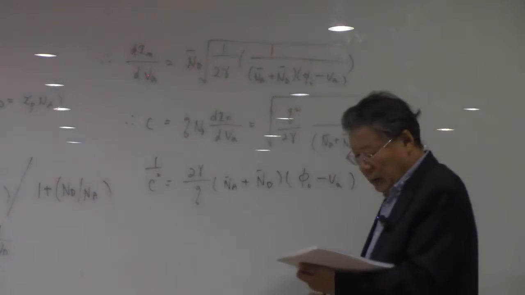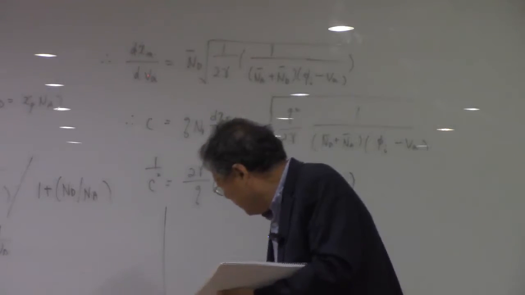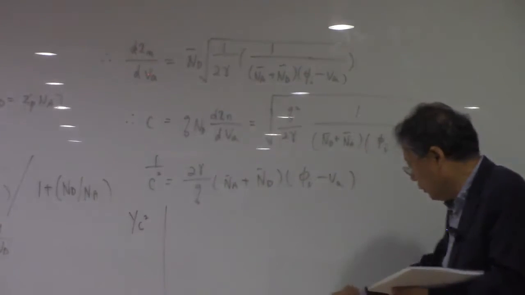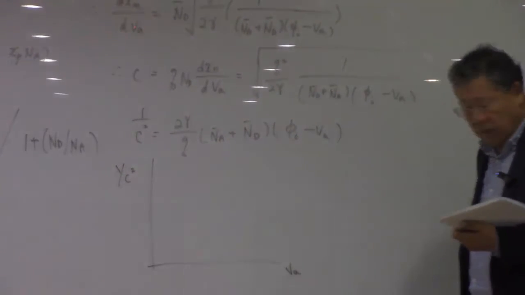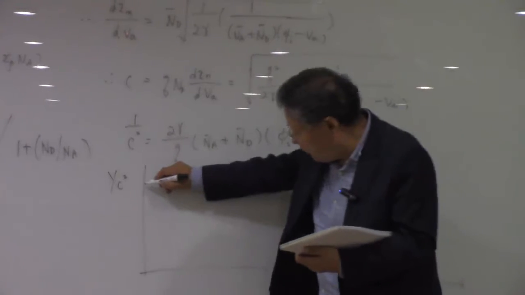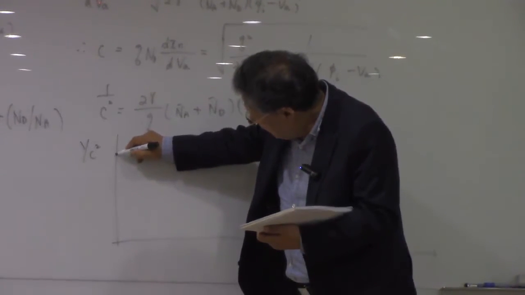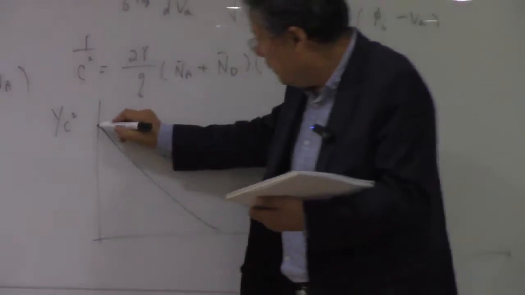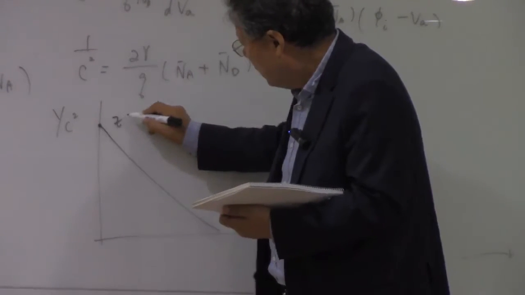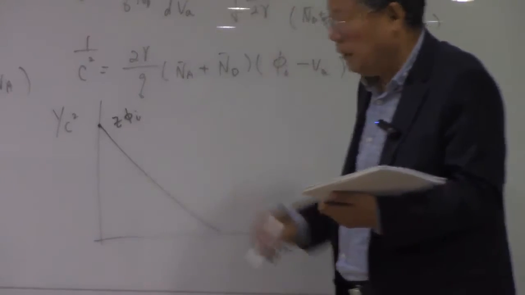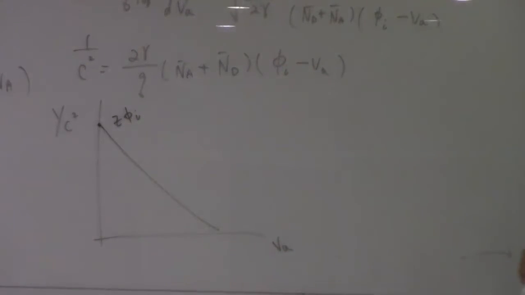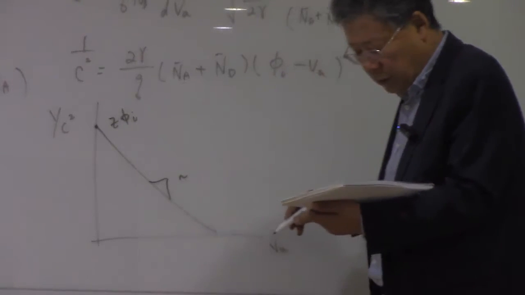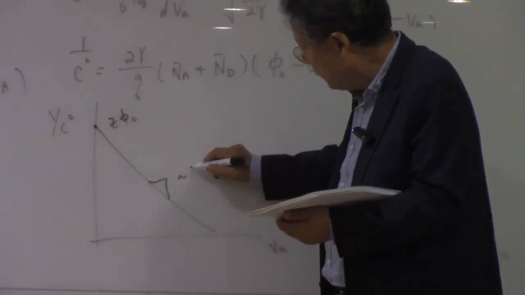Okay? And if you plot this 1 over C square with respect to the application of the voltages, now you're going to have a straight line, and that intercept is related to the built-in potential, and the slope is related to the doping levels.